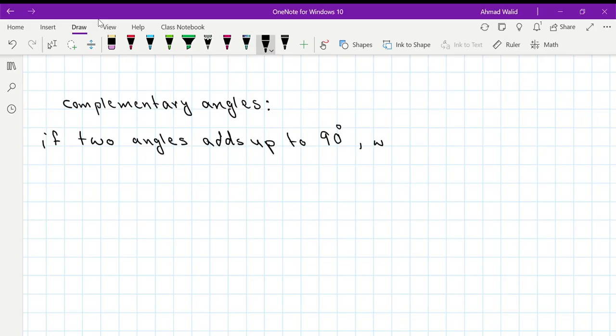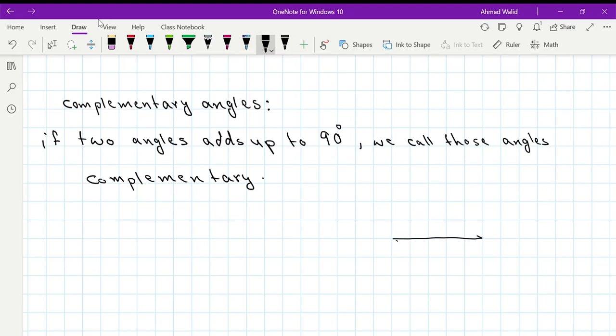We call those angles complementary, or complement to each other. I will show it in a picture for you. Here I have two angles.